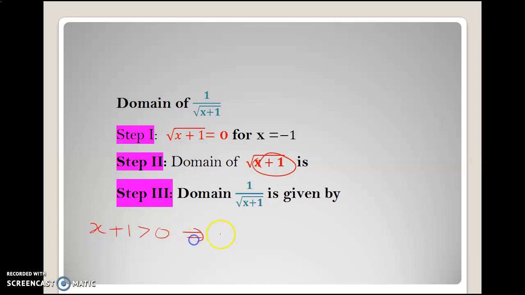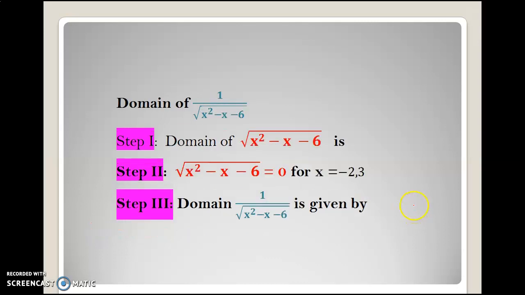This implies x is greater than minus 1. So, the domain of 1 upon root x plus 1 is given by minus 1 to infinity.